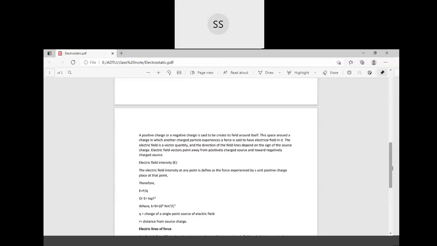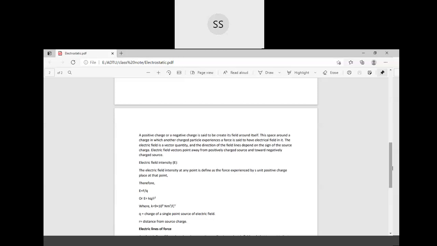The area around a charged particle up to which it can attract or repel another charged particle is called its electric field. If the charge is not in its electric field, then it will not get attracted or repelled.